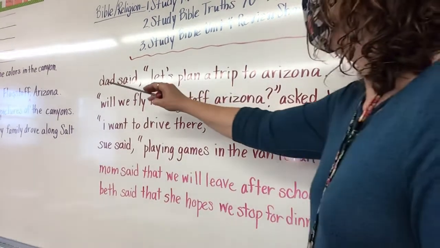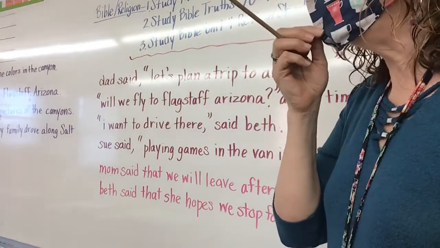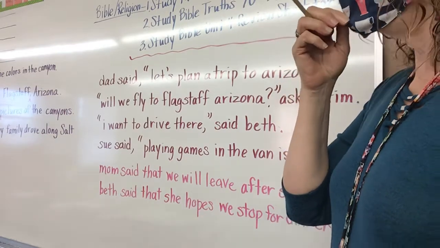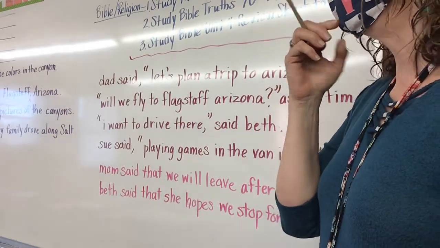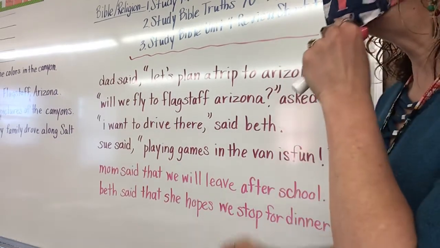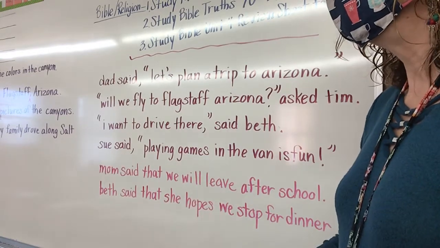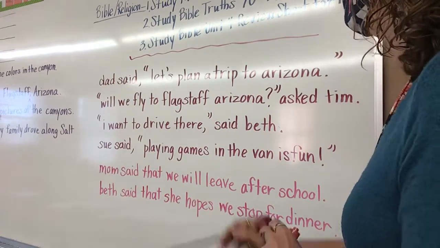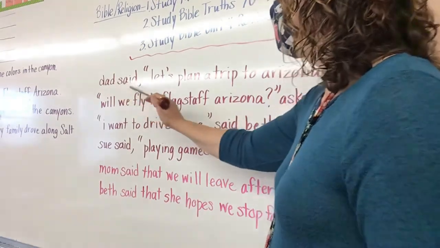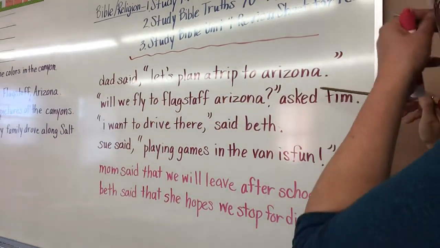Let's look at this first sentence. Okay, and what you're going to be having to do on the quiz is tell me what needs to be capitalized. Now yesterday when we talked about direct quotations, I told you that the quotation is like a sentence within a sentence. Okay? So, the first one says, Dad said, let's plan a trip to Arizona.